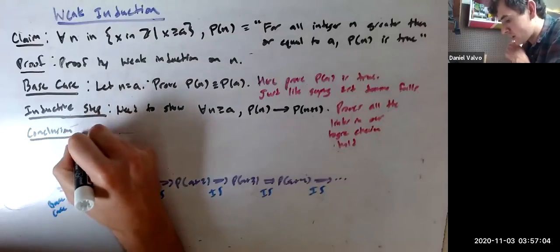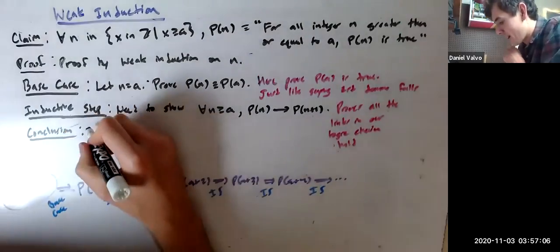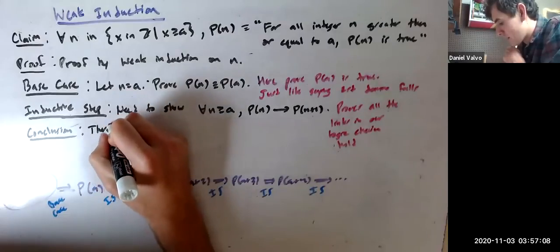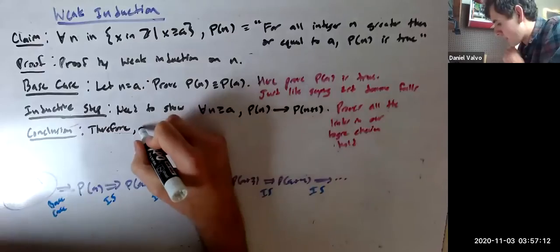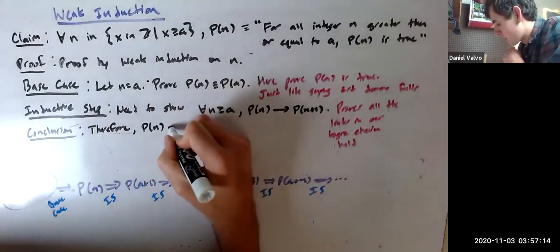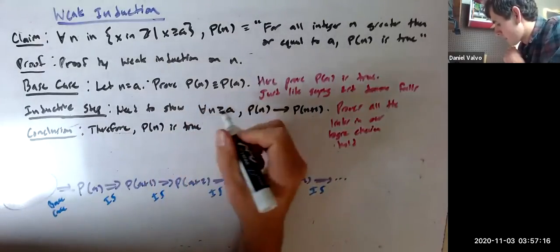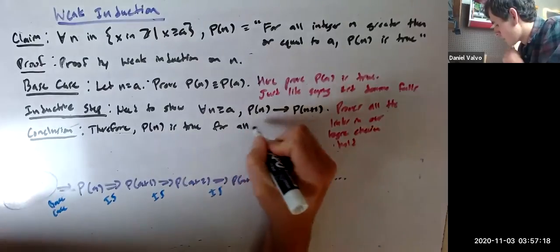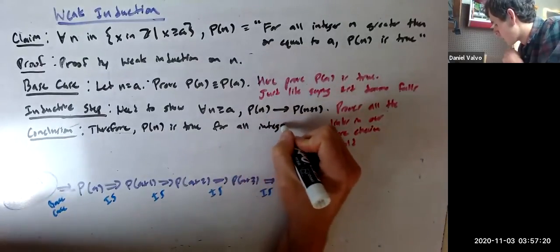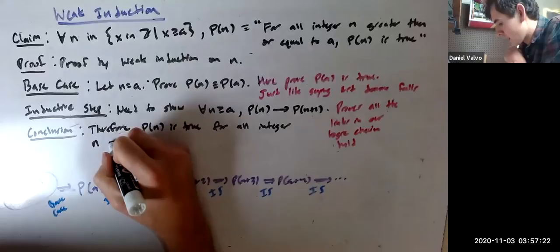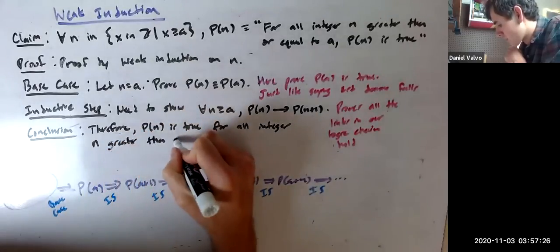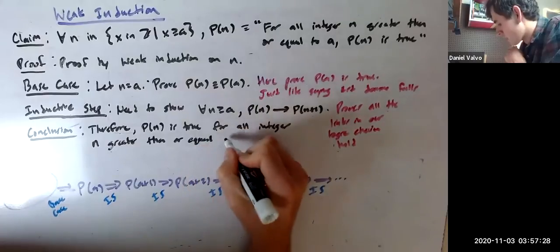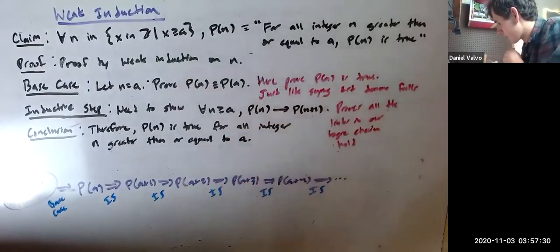And then we have a conclusion. Based on this picture right here, we can see that, therefore, P of n is true for all integers n greater than or equal to a.